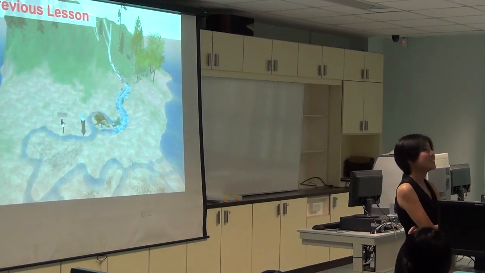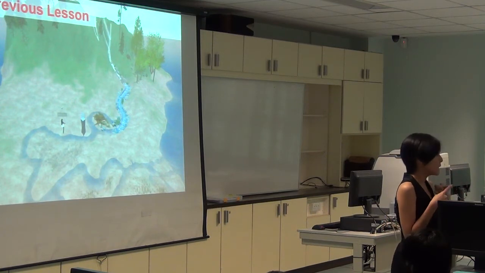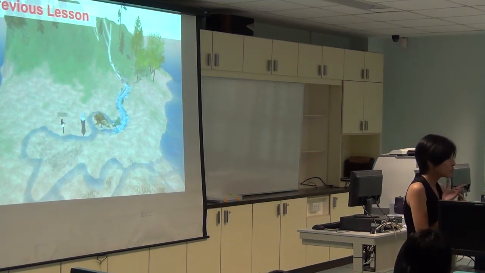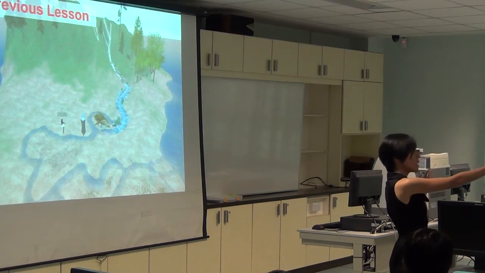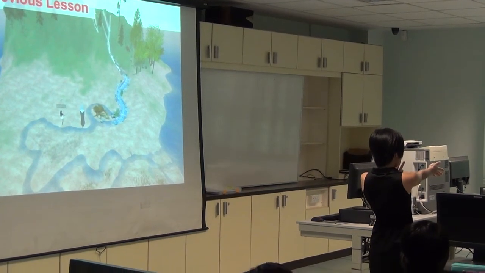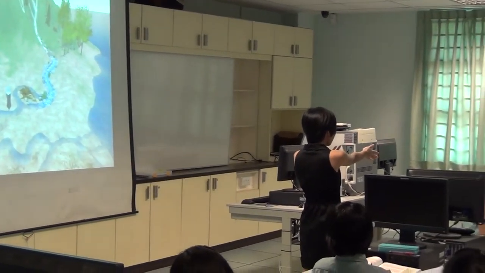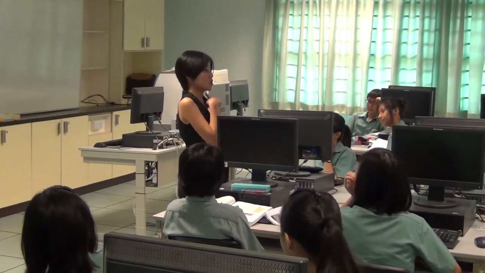Okay, what else? So you realize whatever your friends have mentioned, waterfall, meanders, deltas, what are all these? Some said parts of a river. What do you say, Elijah? River features.